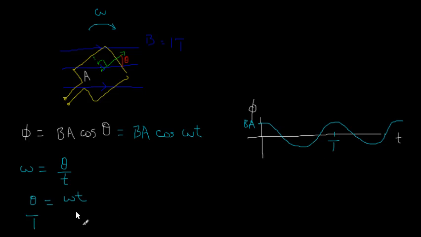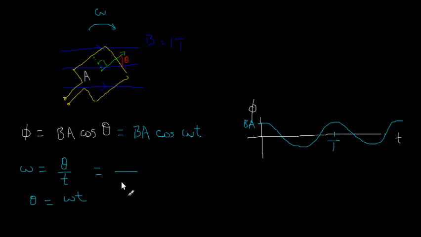let's see. The period is the time for one cycle, and we know that one cycle should correspond to when the coil rotates by 360 degrees, because then it comes back to the original position and the motion repeats itself, so the flux also repeats itself. Now 360 degrees is 2 pi radians.